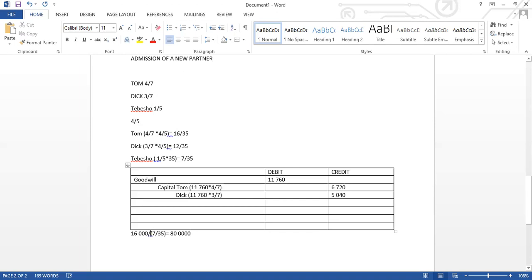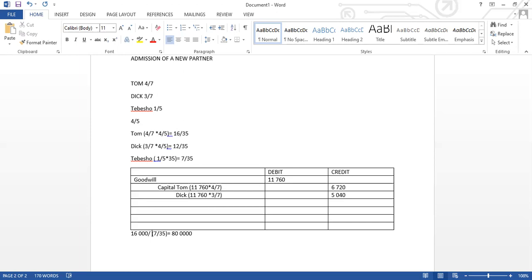So how do we get our total capital contribution? Usually you will never get this in most cases. If you are told an amount, in this case you are told that he contributed a vehicle worth 16,000 and then some extra cash.